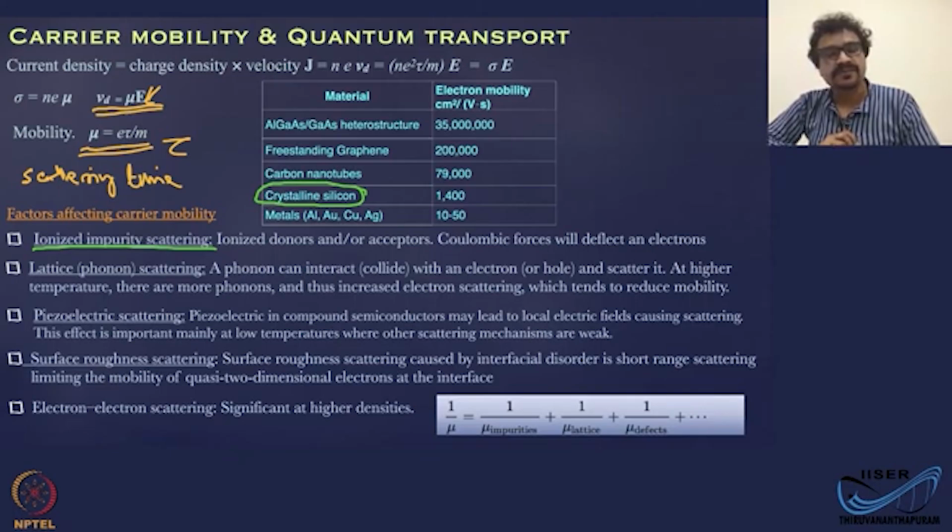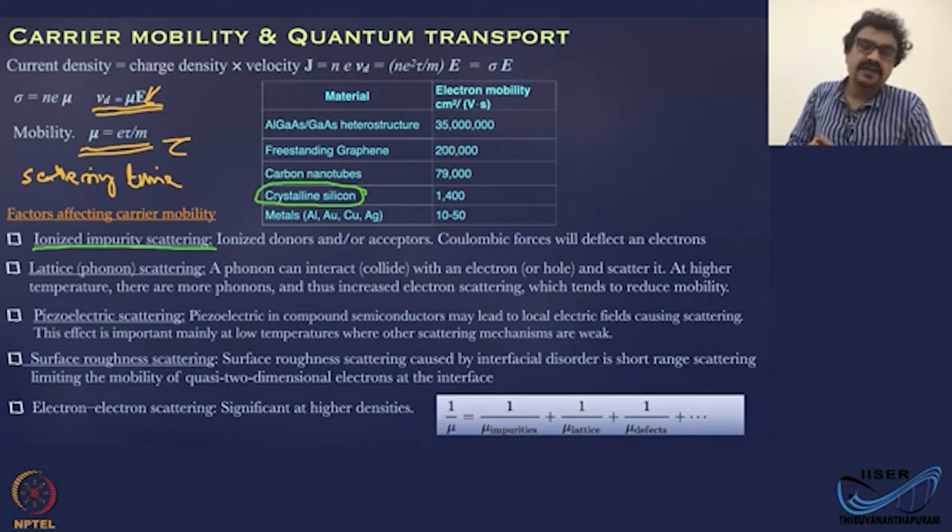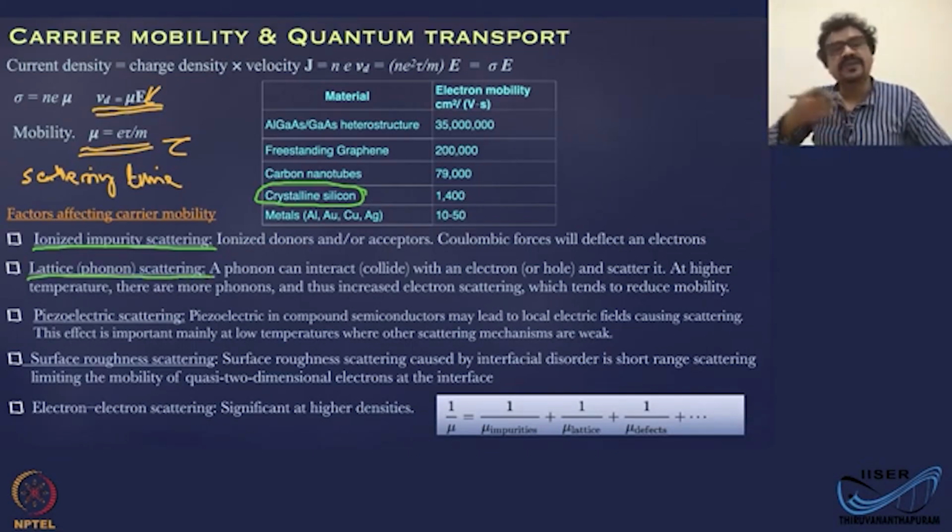Now, another major contributor to scattering is the phonon scattering. Phonons are kind of virtual particles. Those are the quanta of lattice vibration. They can collide with or they can impart or take momentum from the charge carriers such as electrons or holes and scatter them.